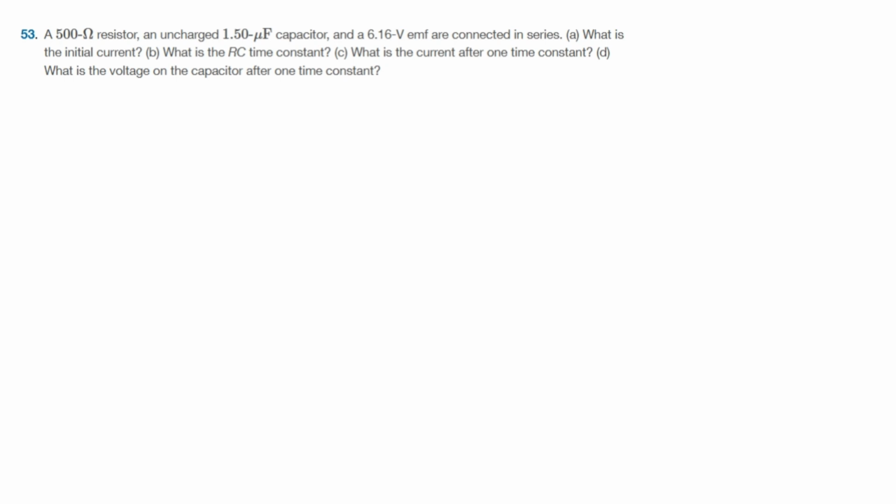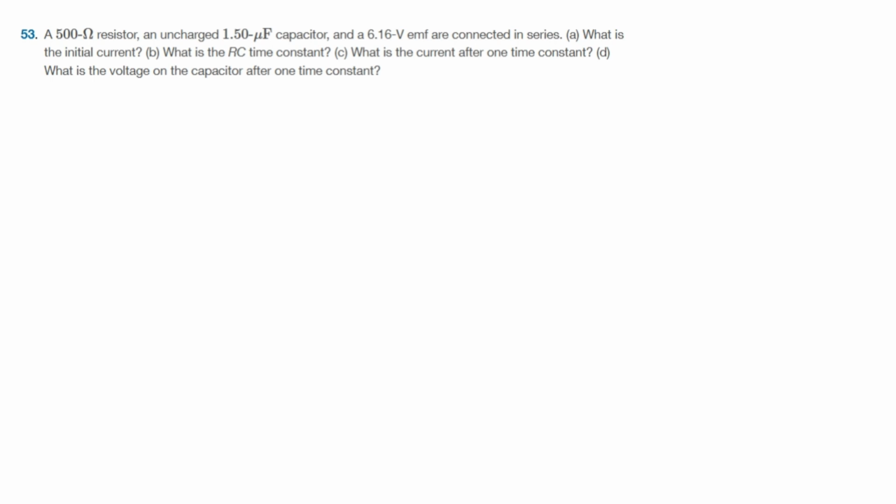They say a 500 ohm resistor, an uncharged 1.50 microfarad capacitor, and a 6.16 volts electromotive force are connected in series. So they ask, what is the initial current? What is the RC time constant? What is the current after one time constant? What is the voltage on the capacitor after one time constant?